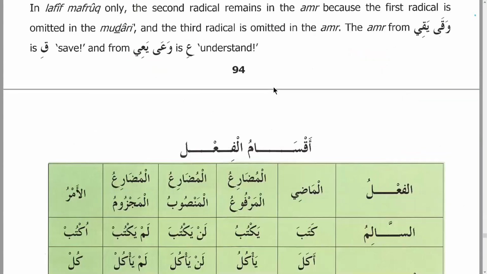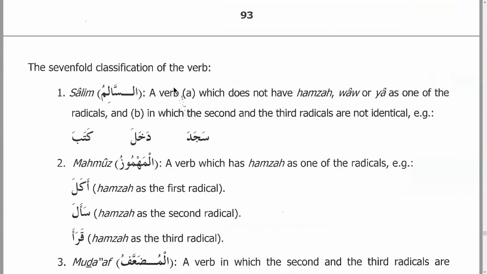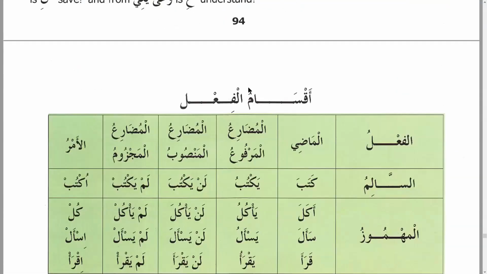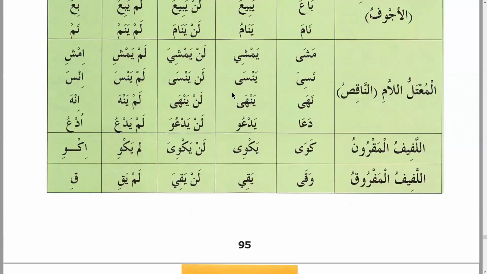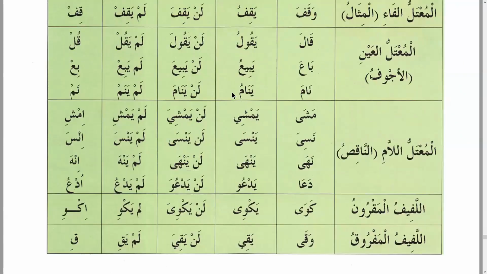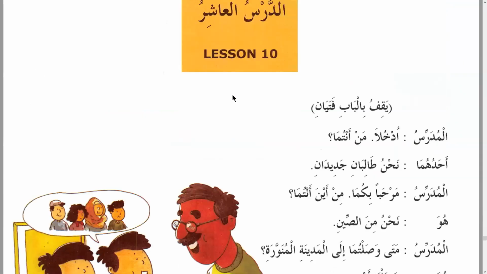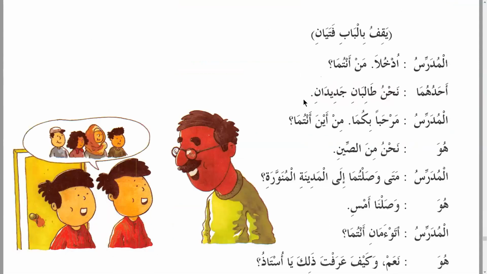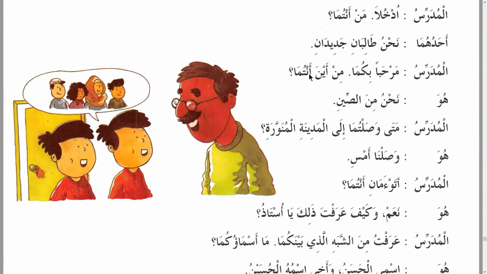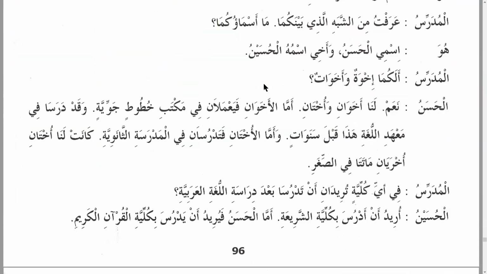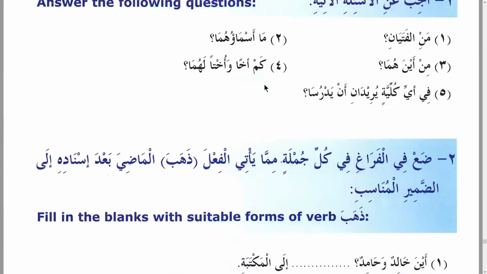All right. So he's giving all these types of classification of verb, which we'll do next week, inshallah. Aqsamul Fail, which is part of the lesson, we'll do before the next lesson, inshallah. This is all about duals here. Bikuma. He's bringing all the dual verbs, which we already saw a little bit.